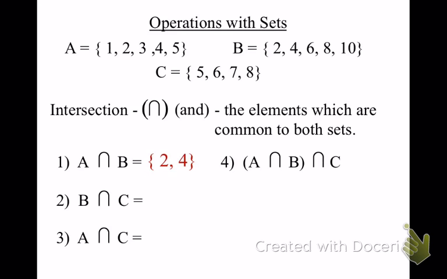I don't need to write it twice. And what else is in common? There's another number. 8. So 6 and 8 are the intersection. Because that's what's in common, the commonalities. Okay? What is the intersection of A and C? 5 is the only number they have in common, so I'd list it like this.